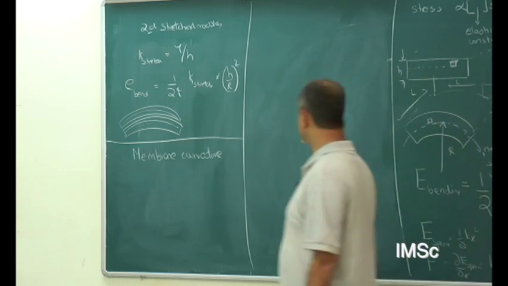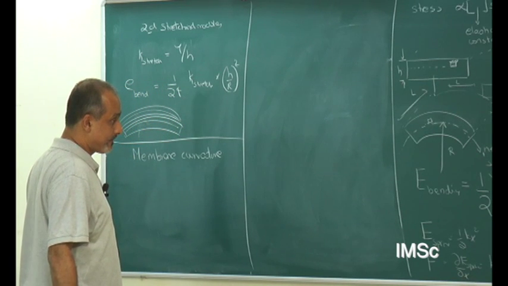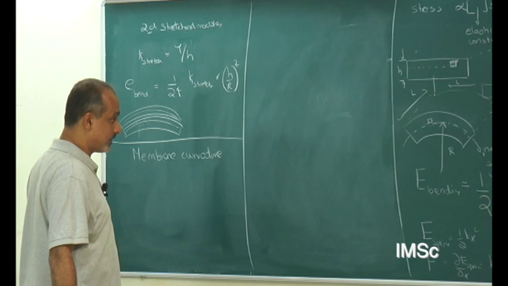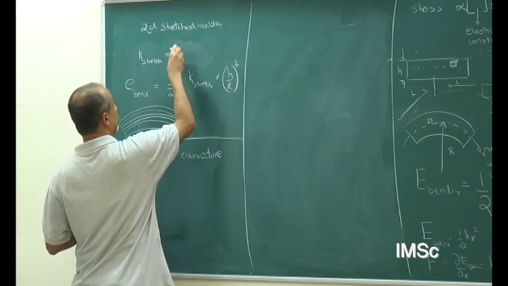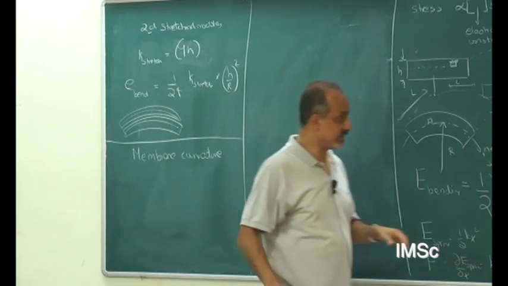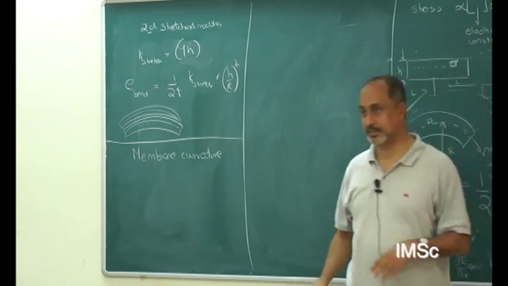To be consistent, I need to write it like this: Y into h. Good point, because then I combine this, and then I write h by r, the whole squared. Then it makes sense. Thanks.